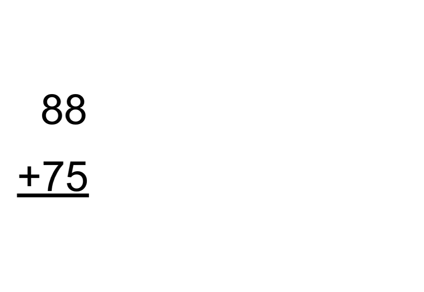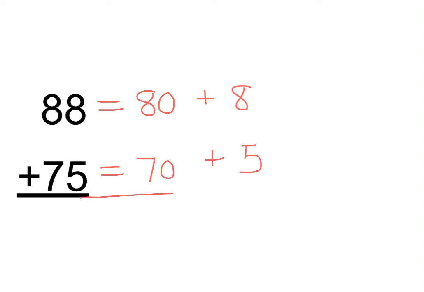Last problem. Ready? 88 plus 75. Pause this while you solve it. 80 plus 8, 70 plus 5. Shall we break the 70 apart into a 20 and a 50?